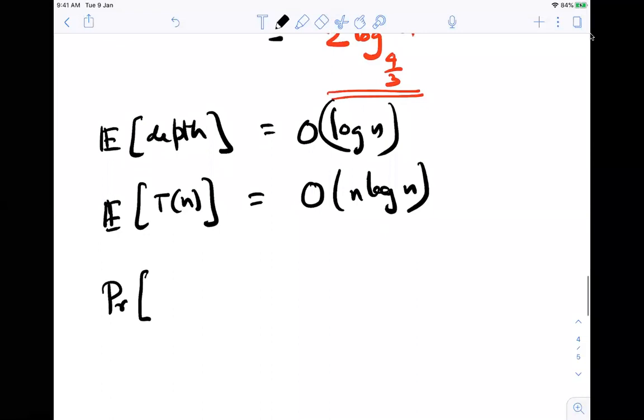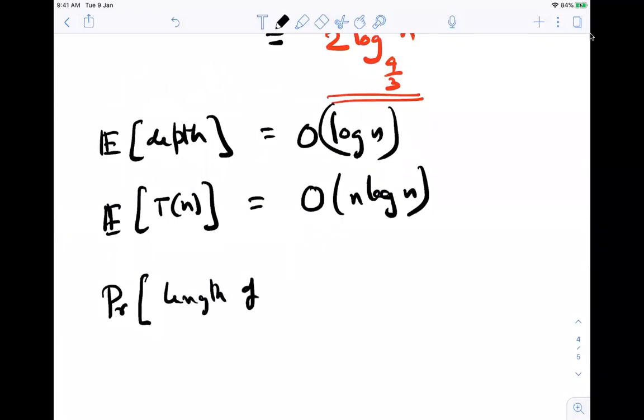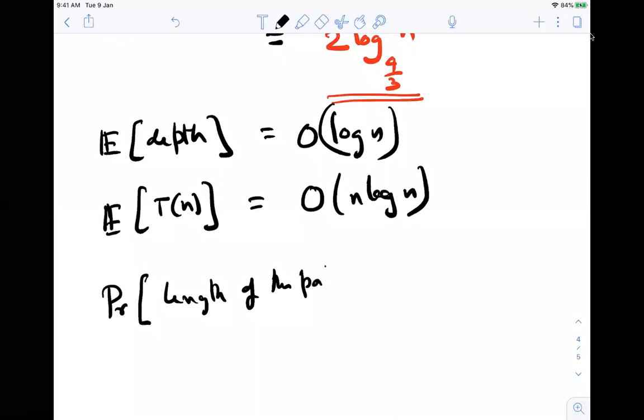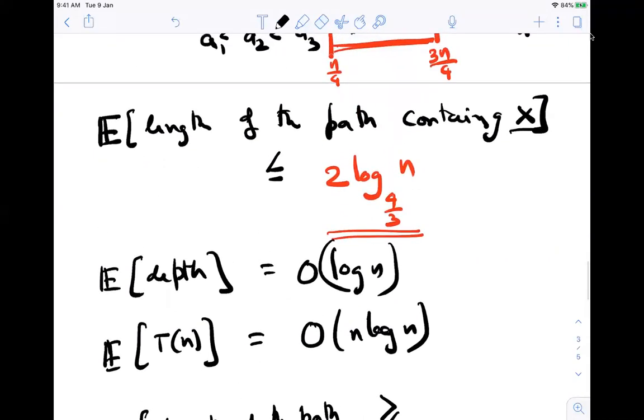Okay, so we want to say something like this. What is the probability that the length of the path, okay, here I mean containing x, containing x, okay. Now I know that this is expectation, right? The expectation value is this number, right?